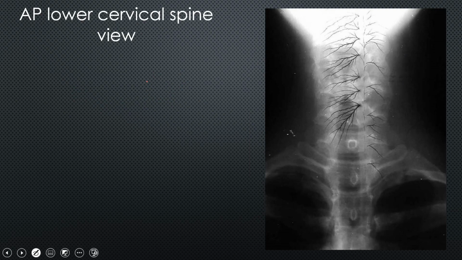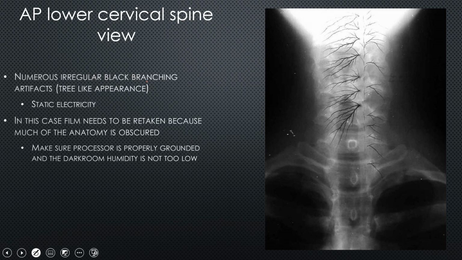Here we have an A to P lower cervical spine view. We can see these black, branching, tree-like artifacts that are running all the way down the cervical spine. This ended up being static electricity.